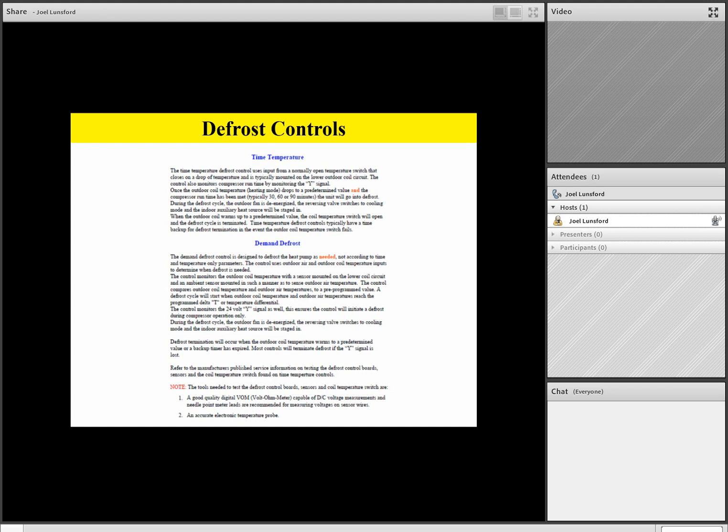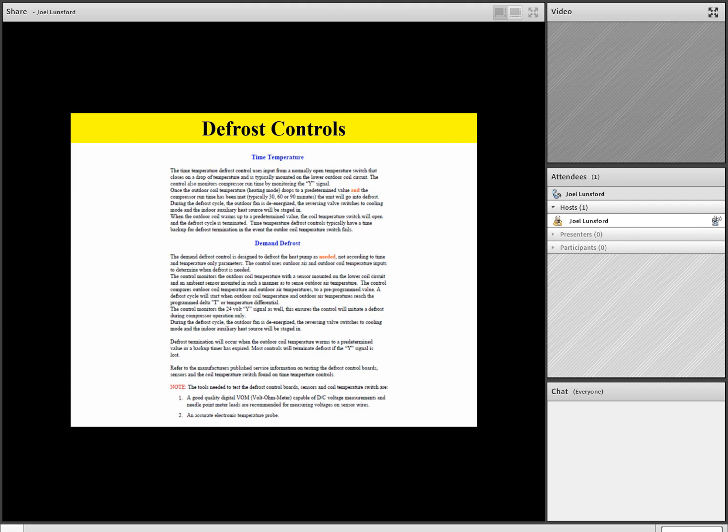So in the heating mode of operation, as the outdoor coil becomes cold, because it's acting like an evaporator in the heating mode on a heat pump, that normally open switch will close on a drop of temperature. As that switch closes electrically, it will enable the time temperature defrost control. Then after that switch closes, it's going to be monitoring compressor runtime.